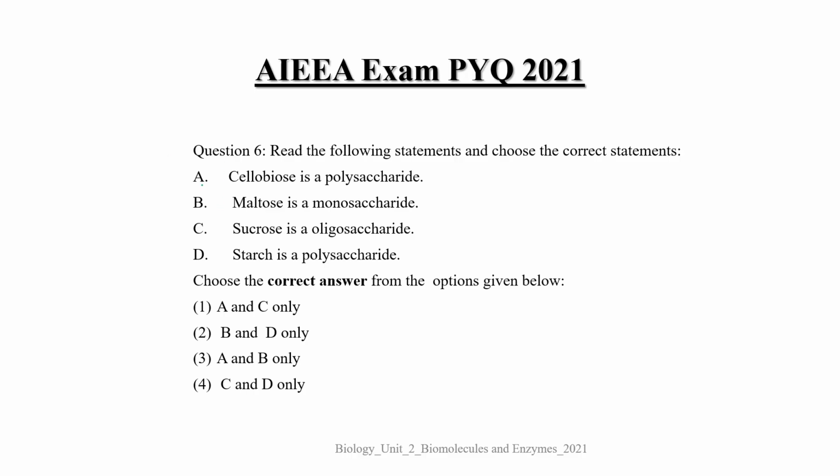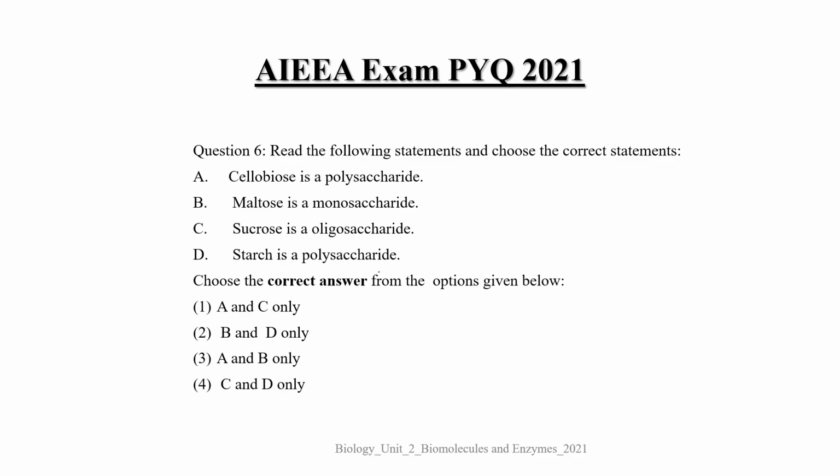In choice number 1, cellobiose is a polysaccharide. Choice number B, maltose is a monosaccharide. C, sucrose is an oligosaccharide. D, starch is a polysaccharide.